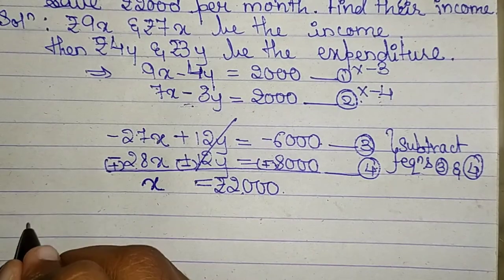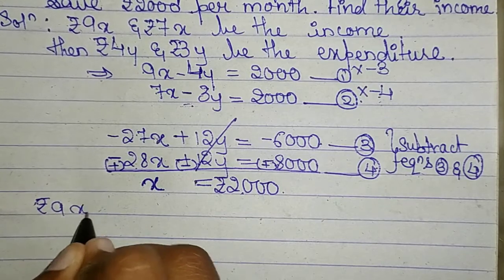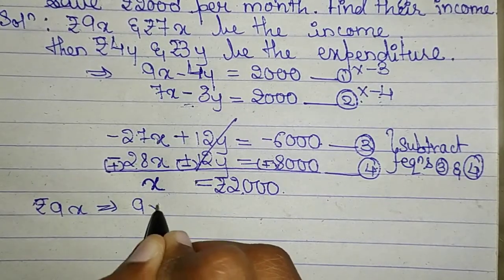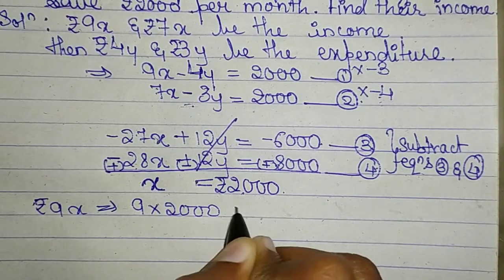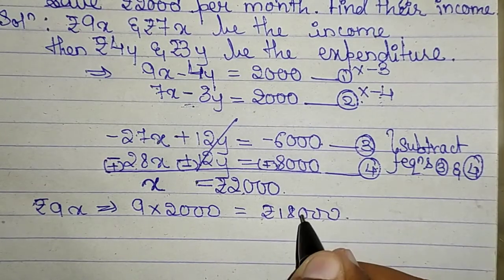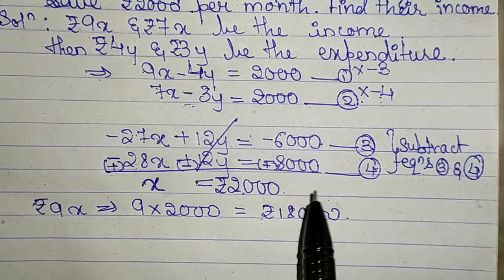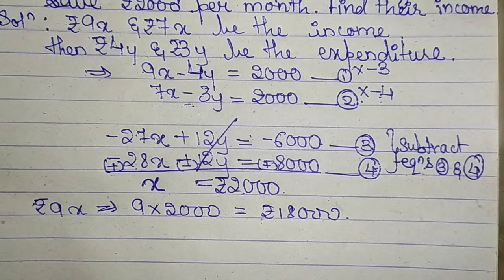So for the first person, his income is rupees 9x, which implies 9 into 2000, which is equal to rupees 18,000, out of which he spends 4y and saves 2000 rupees, which means he spends 16,000 rupees.